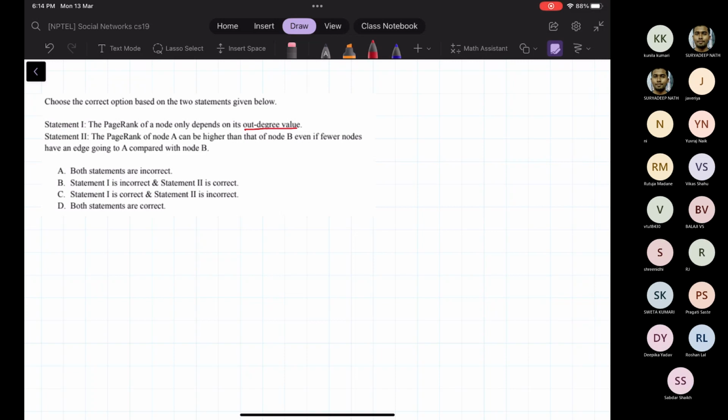Out degree or in degree and page rank have no correlation.